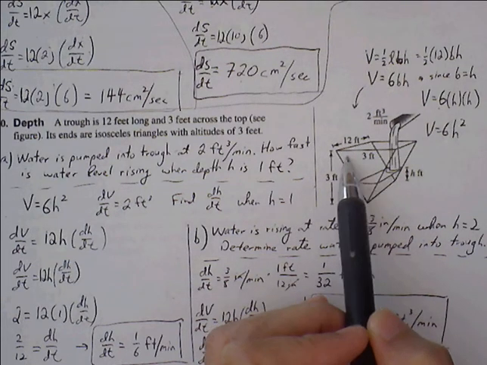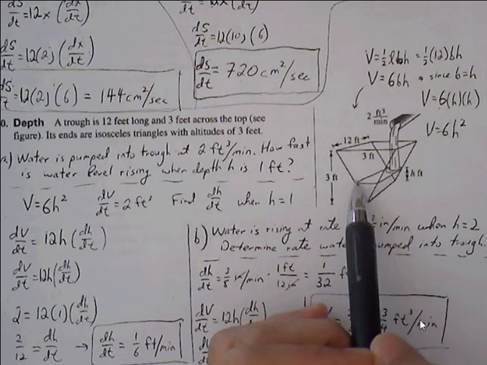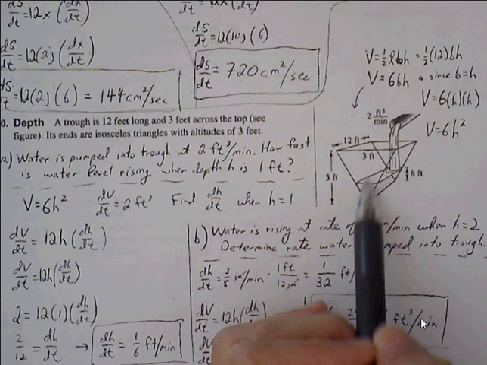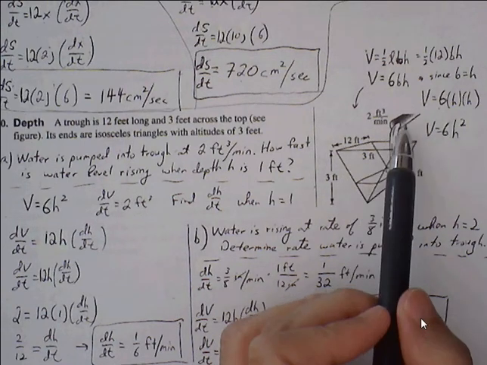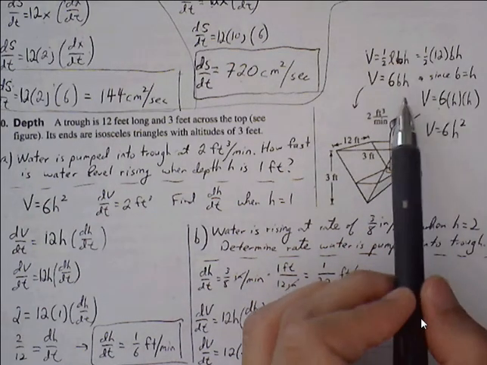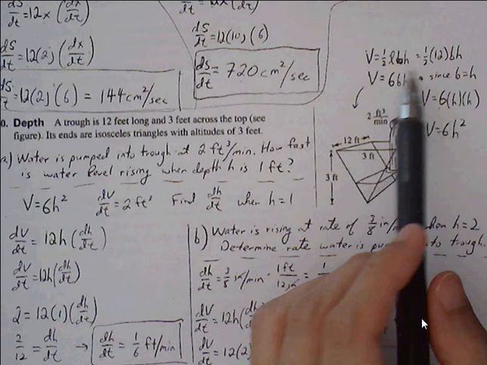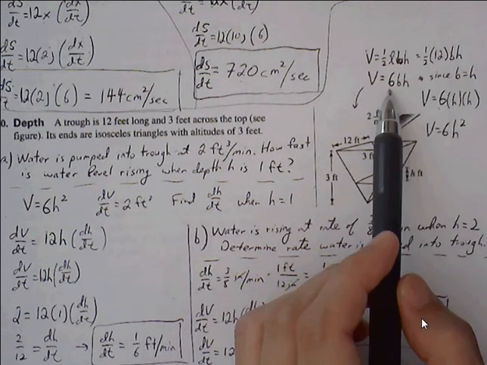And we're told that the base and height are the same: 3 feet across the top, and an altitude of also 3 feet.